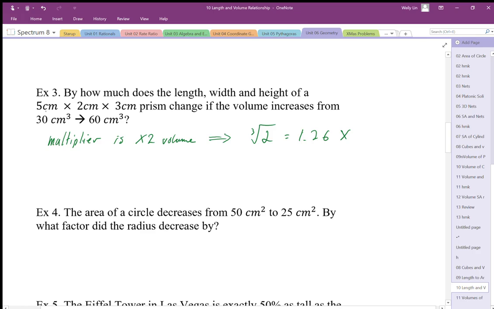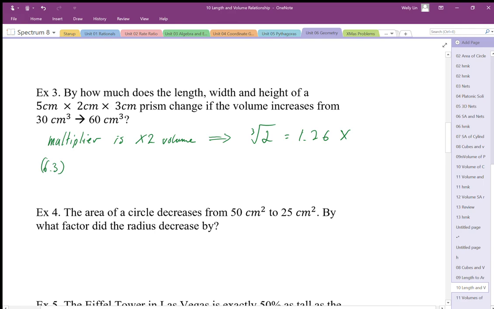So if I took that 5 centimeters times 1.26, I get about 6.3 as my length.